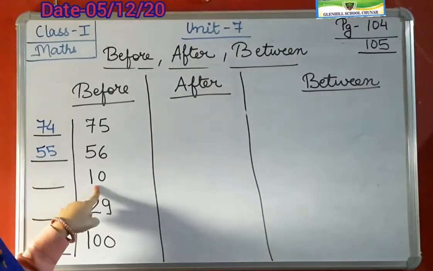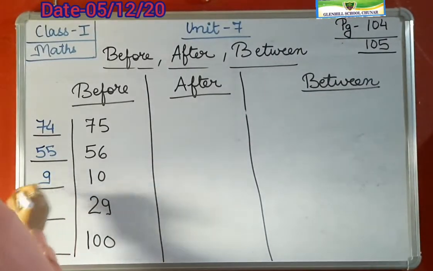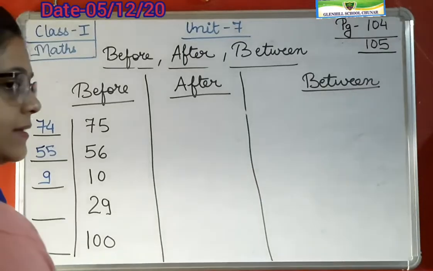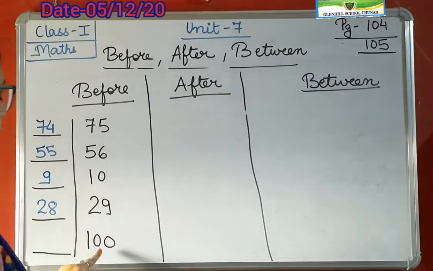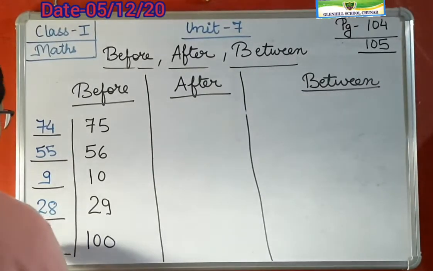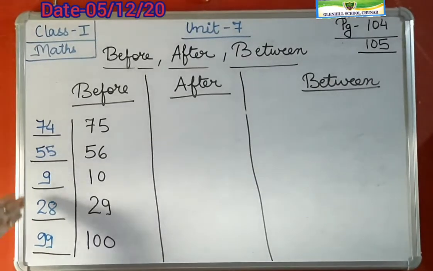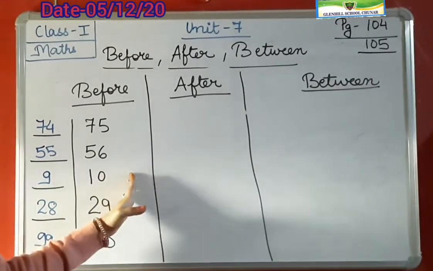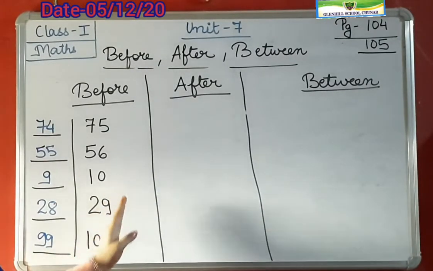Before 10, which number comes? Yes, it is 9. Before 29? Yes, it is 28. And before 100? Yes, it is 99. Good. So like this you have to complete before, and so many questions are there on this page. Okay, so you have to do it on your own.